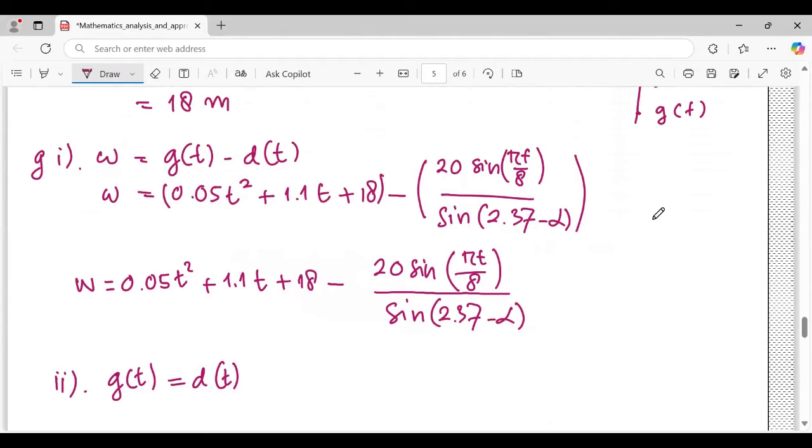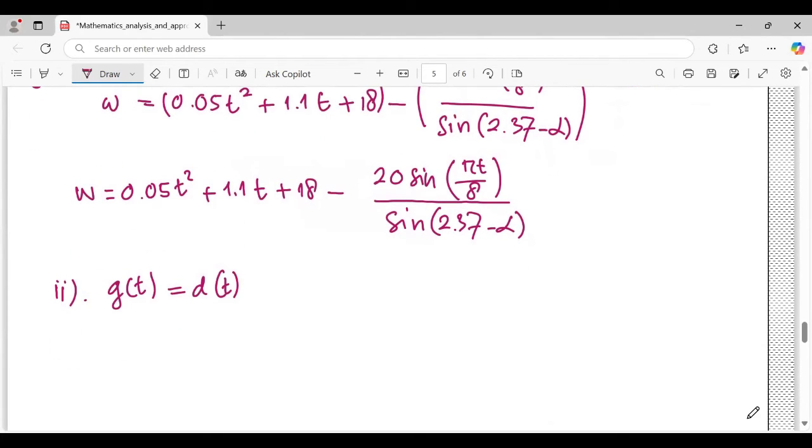So if W equals 0, it means gt minus dt equals 0.